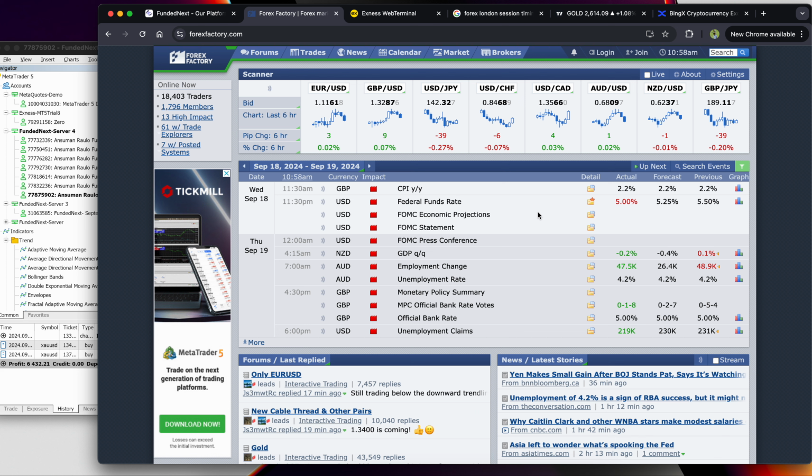Today is September 20th. So on 18th September, at 11:30 p.m. night according to IST time zone, at 7:30 p.m., the federal fund rate interest rate cuts were announced, and it was negative, as you know.